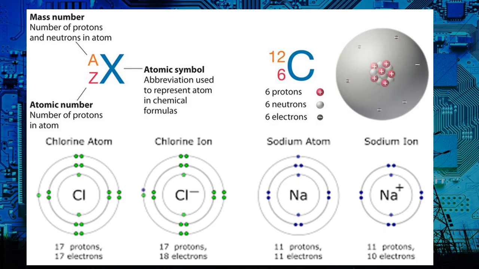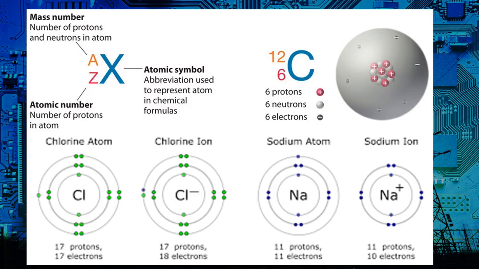So basically, when an atom of an element loses or gains electrons, it becomes an ion. When it loses, it becomes a positively charged ion, or cation. When it gains, it becomes a negatively charged ion, or anion. So a chlorine atom, when it gains electrons, becomes a chlorine ion, and a sodium atom becomes a cation when it donates electrons, or a sodium ion.